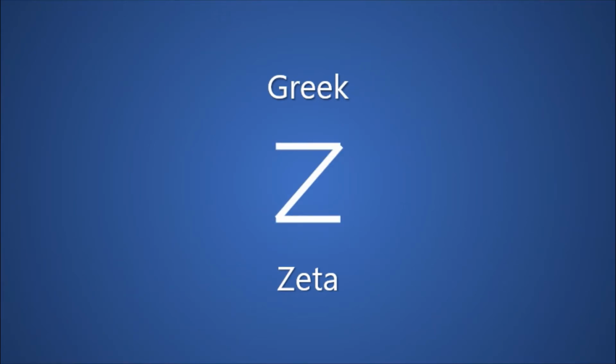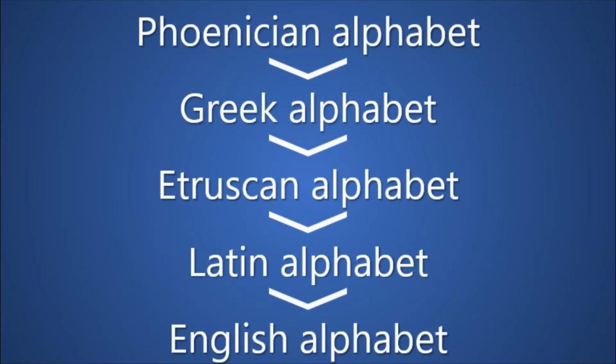Here's the progression of alphabets I've shown in previous videos, illustrating how the alphabet we have today came about. Now it turns out that the local Greek alphabet, which was adapted for Etruscan and then for Latin, had the letter zeta shaped like this.